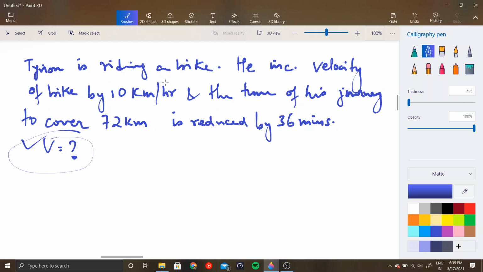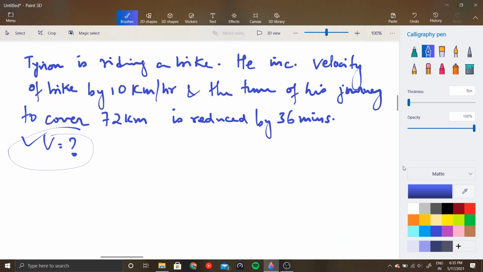Now you can just pause the video and try to solve the sum. If not, just continue watching the video. So how do we go about solving this sum? Firstly, see, if he increases his speed by 10 km per hour, the time to cover the distance of 72 kilometers changes. Basically he goes from one point to another, the distance is 72 kilometers.